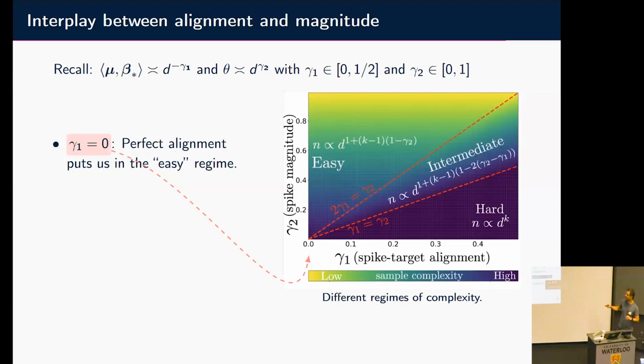If gamma 1 is 0, that means the perfect alignment case, we are in this vertical slice. It puts us in the easy regime. We always get the best sample complexity we can achieve.